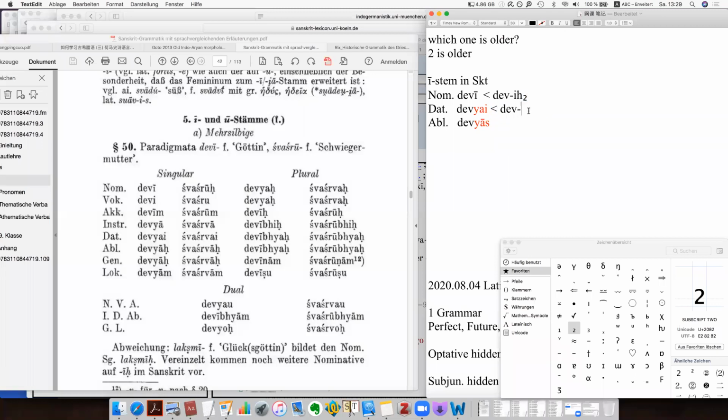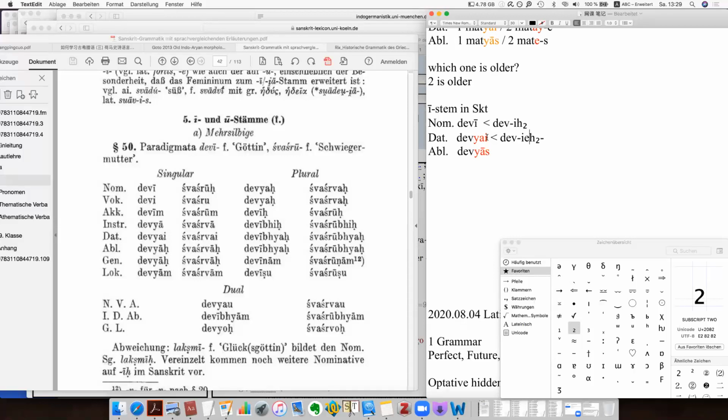So again, this is Devi, and again, this is our suffix, right? But for this form, we have ablaut. So this is the reason why we have I, because we have an ablaut here.